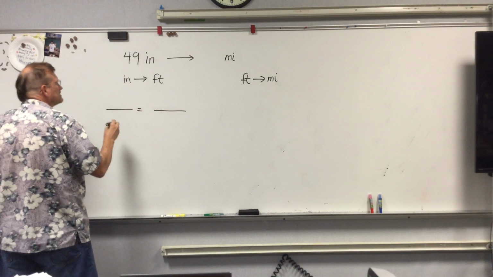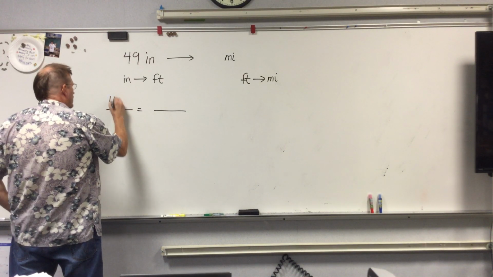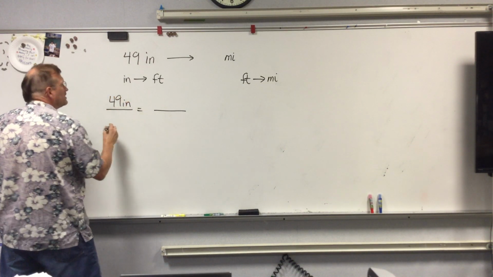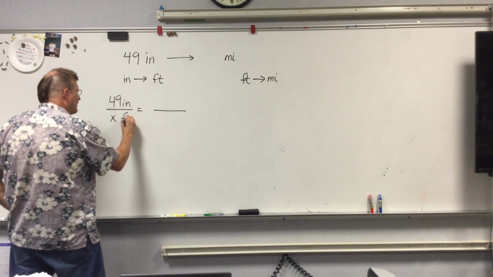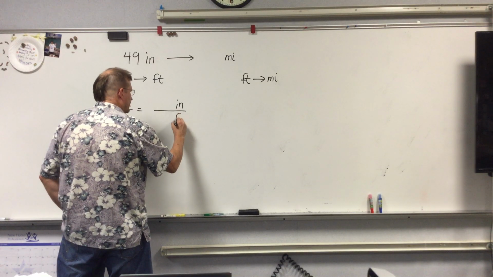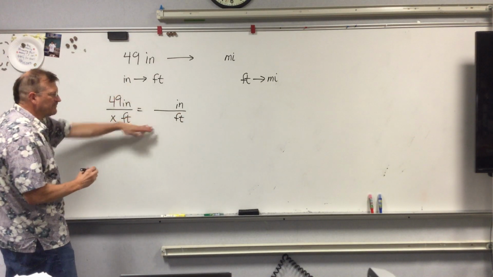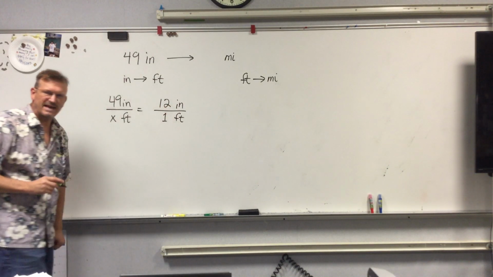And we've been through this. So we go with 49 inches. We need to get it to a certain number of feet, and we're going to use ratios. So we need inches on top, feet on the bottom, and our conversion factor that we know is that one.